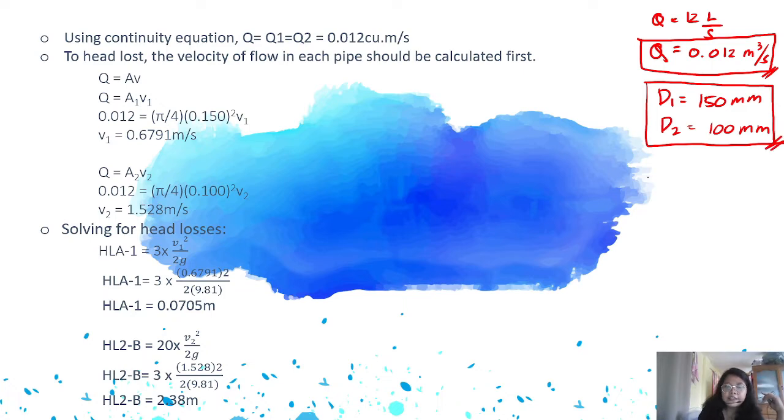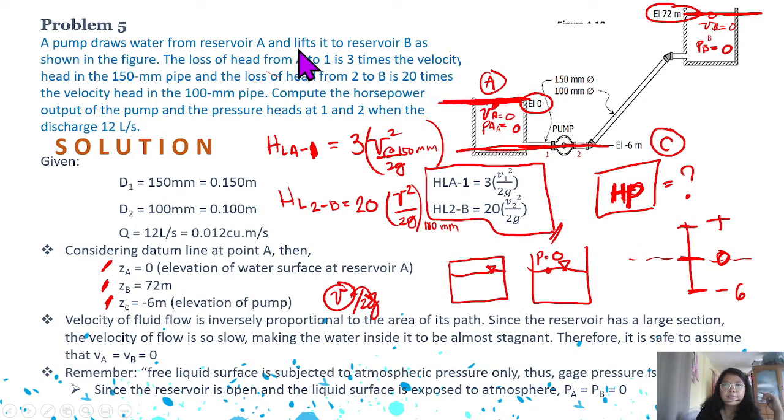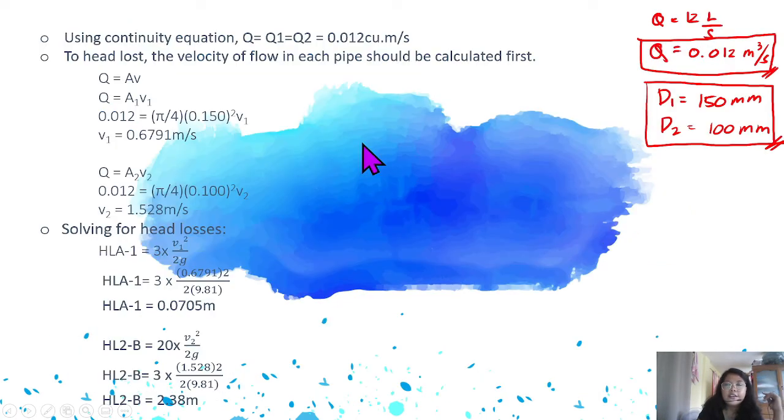Then the problem also gives 3 times the velocity head, and 20 times the velocity head. Head loss, meaning HL, from point A to 1 is 3V1 squared over 2g, 3 times the velocity head. The velocity head is automatically V squared over 2g.